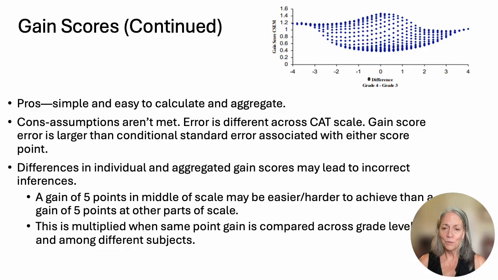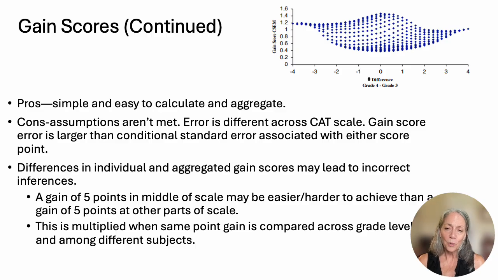So students who've lost 2 scale score points, students who've gained 2 scale score points from one grade to the other. That means if we don't account for it, which you would if you were being responsible, you could incorrectly think one student is not gaining, but in fact, their gain score has so much error in it, we just really don't know if they're losing or gaining.